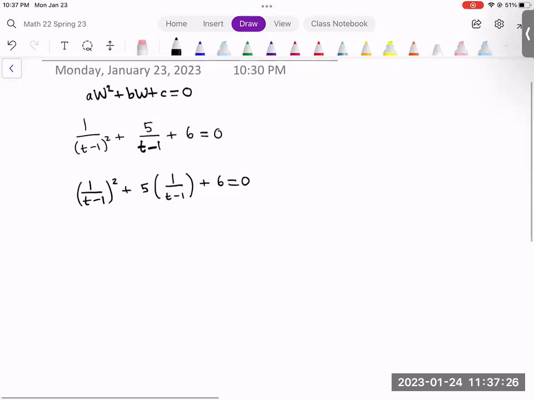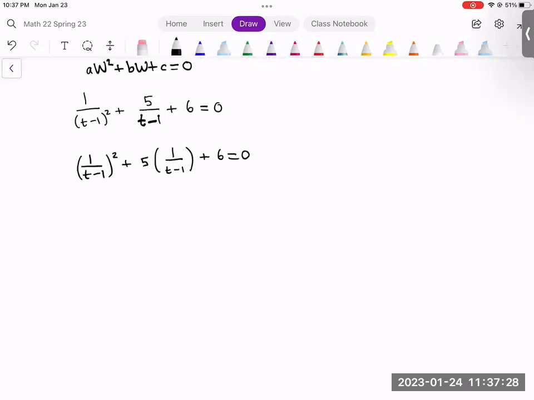Okay. So our term 1 over t minus 1 is being squared in the first part and multiplied by 5 in the second. So this is going to be our w, our substitution. We're going to let w equal 1 over t minus 1. And so this looks like w squared plus 5w plus 6 equals 0.